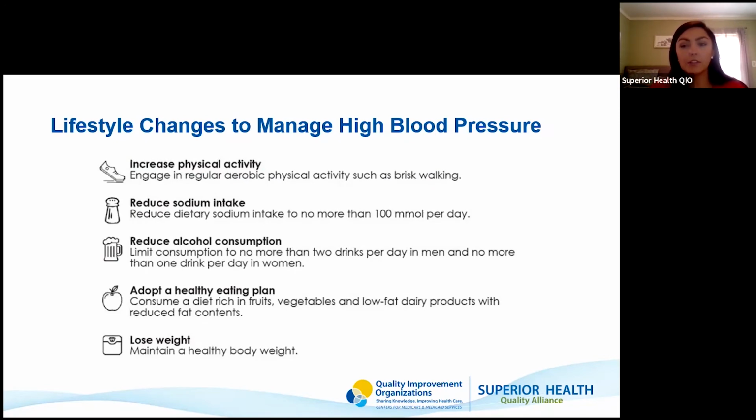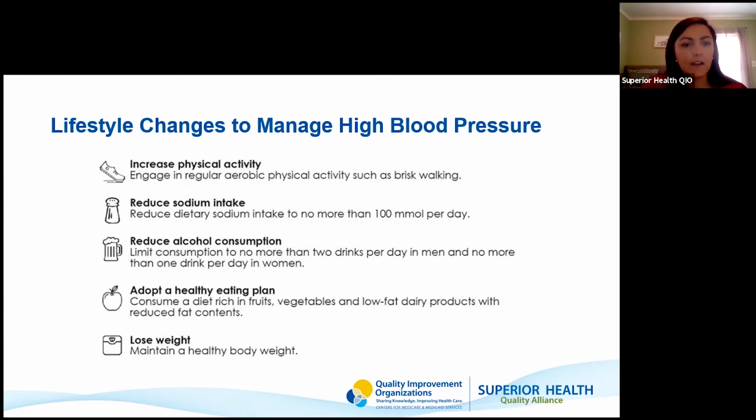Alcohol can actually temporarily raise blood pressure due to caloric consumption and physiological responses to alcohol. And long-term consumption can have damaging effects on the liver, digestive tract, and vascular system, which leads to elevated blood pressure levels. Heavy drinkers who cut back to moderate drinking can lower their systolic blood pressure by 2 to 4 millimeters of mercury and their diastolic blood pressure by 1 to 2 millimeters of mercury.